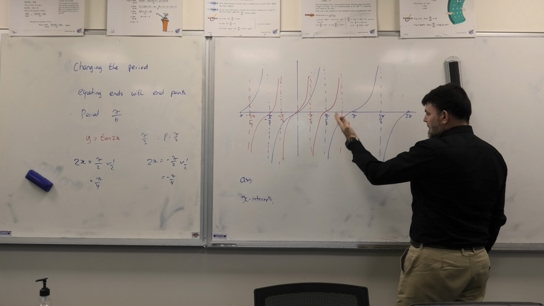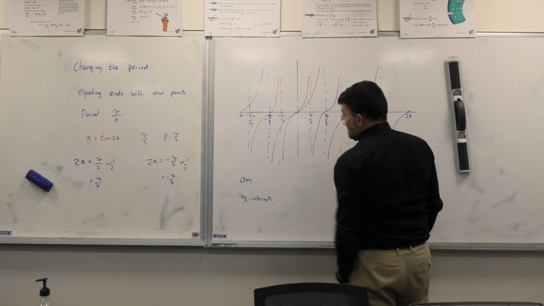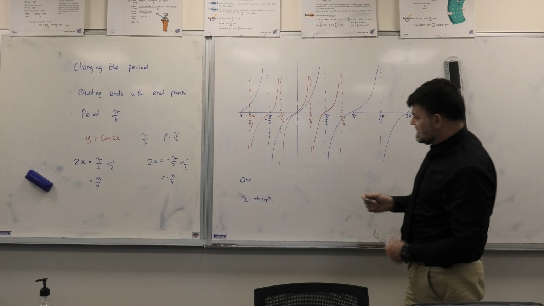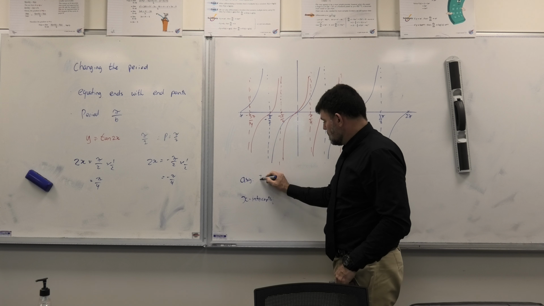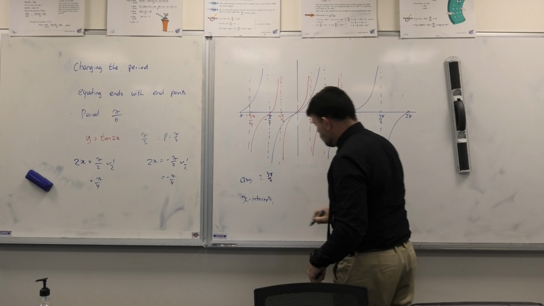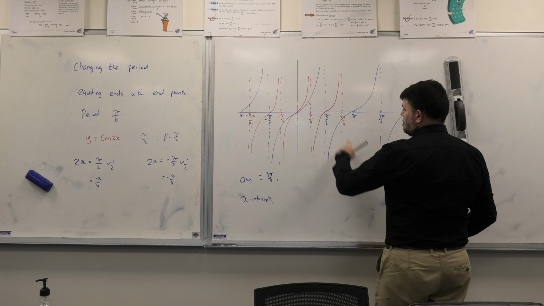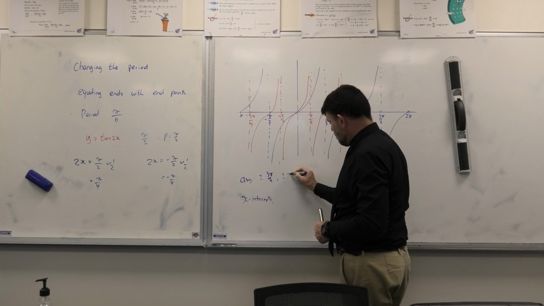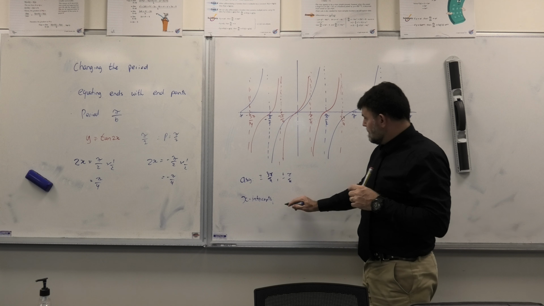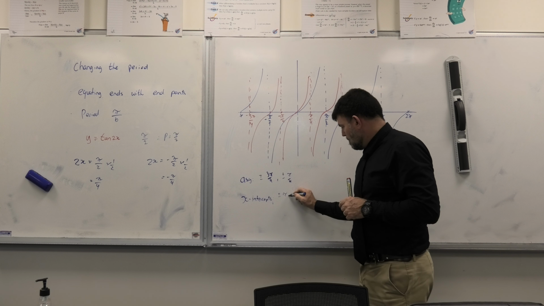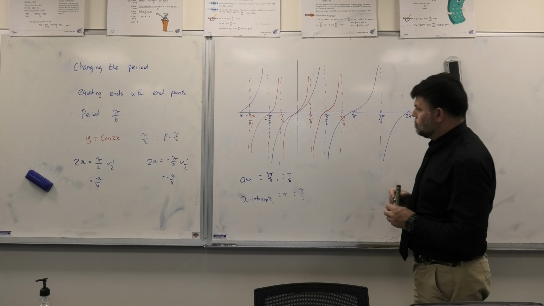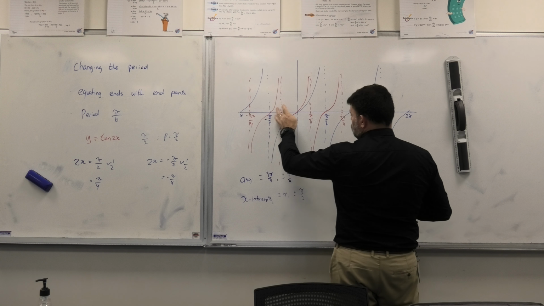If I add another half to that, or negative pi on 4 adding a half, it gives me negative 3 pi on 4. So we can now say our asymptotes are going to be plus or minus 3 pi on 4 and plus or minus pi on 4, and our x-intercepts are going to be plus or minus pi and plus or minus pi on 2, which you can see with these new red lines.